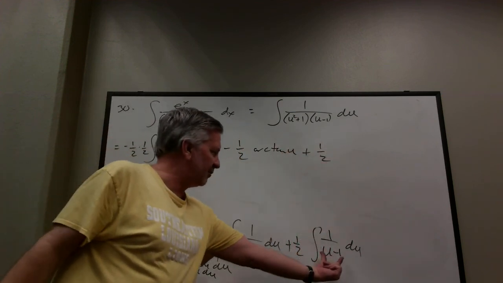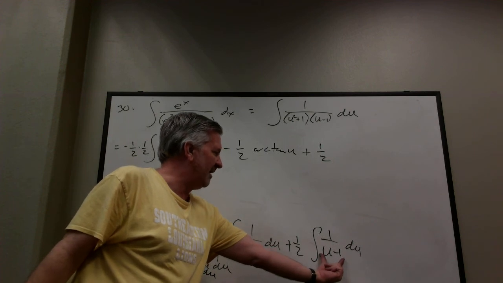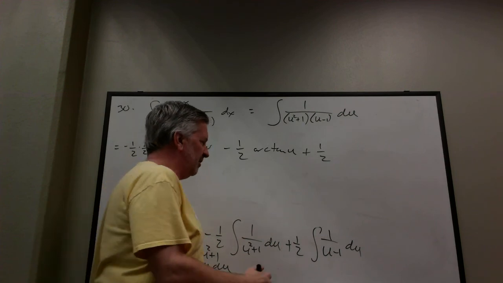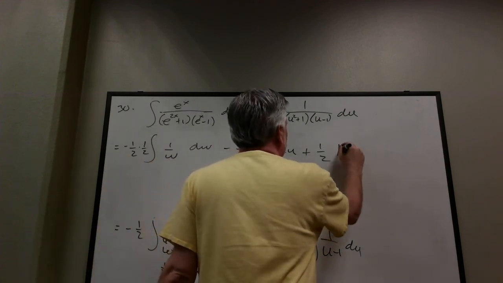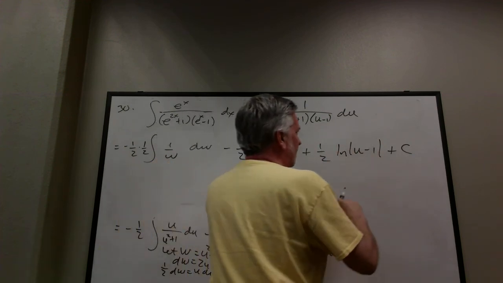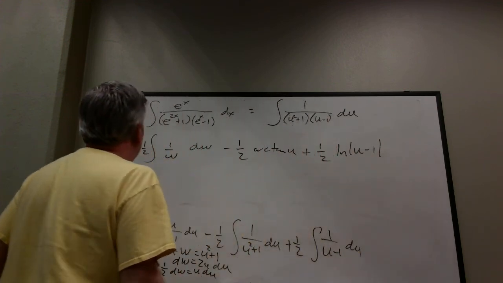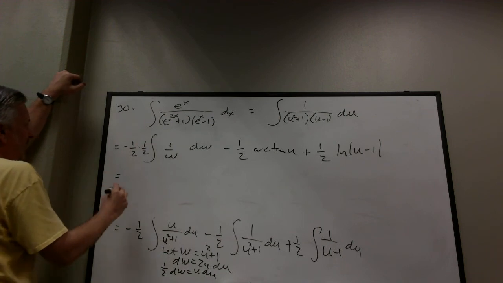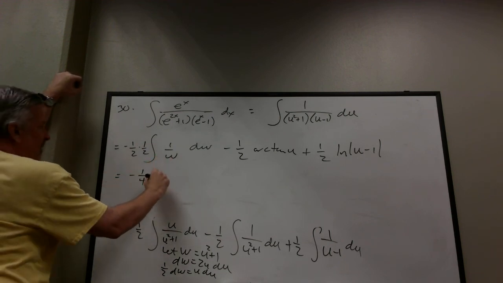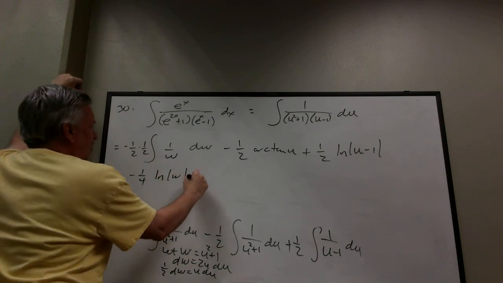And again, this is a linear substitution. Let w be u minus 1. It's 1 over w, that's a log, and you don't have to adjust for the slope because the slope is 1. So it's natural log absolute value of u minus 1. I don't really need the plus c because I haven't integrated the first term. But we're almost done. So this is minus 1/4. The integral of 1 over w is natural log absolute value of w.